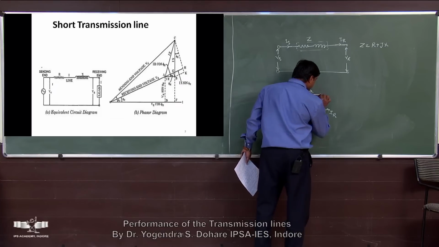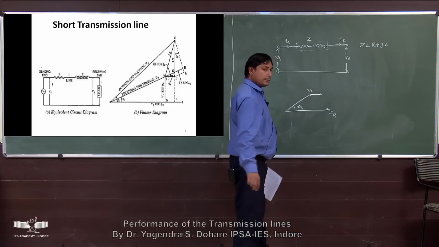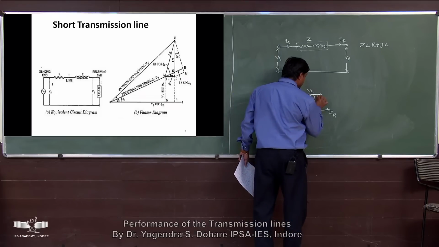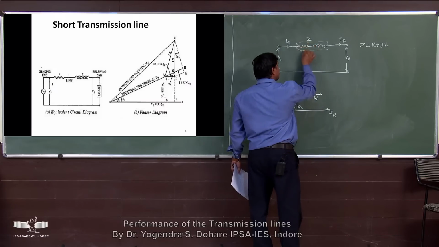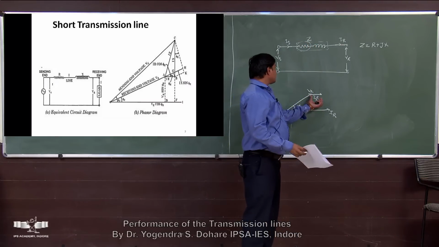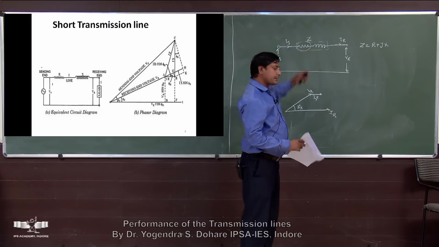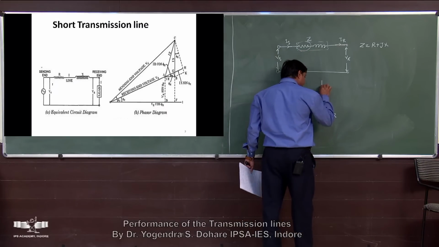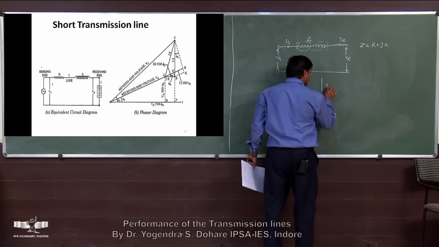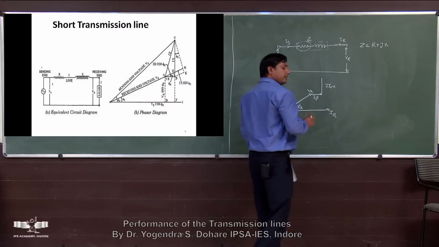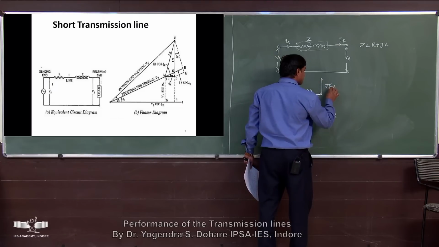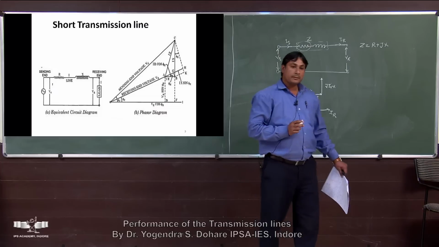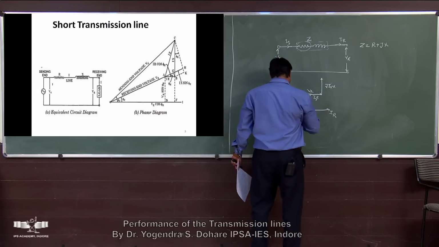This phasor represents the loss, IR into R, the drop in resistance. The next phasor, jIR into X, is the drop in the reactive component.